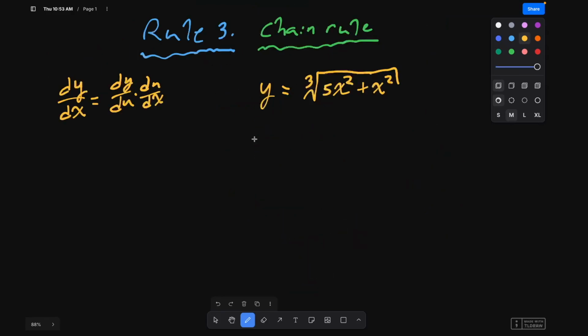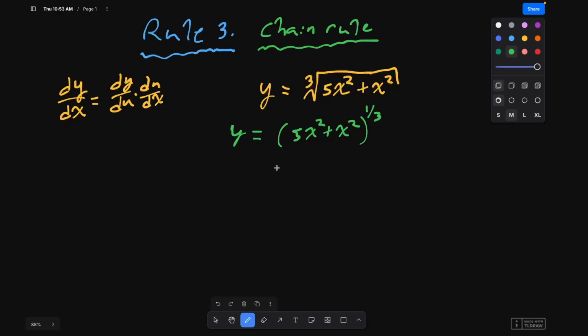We have y equals the cube root of 5x squared plus x squared. If we want to take the derivative of this function, we need to rewrite this cube root as an exponent. And we can do that by writing y equals 5x squared plus x squared to the 1/3 power.